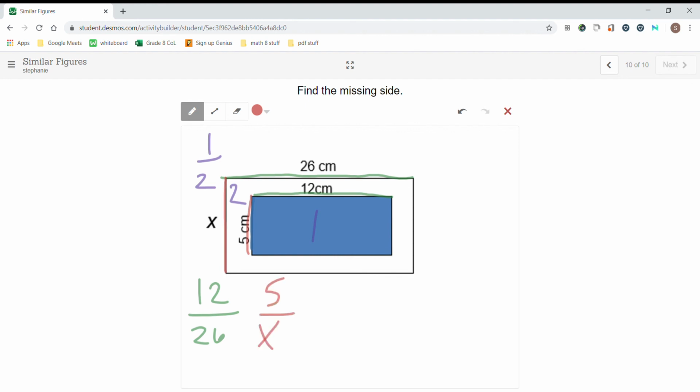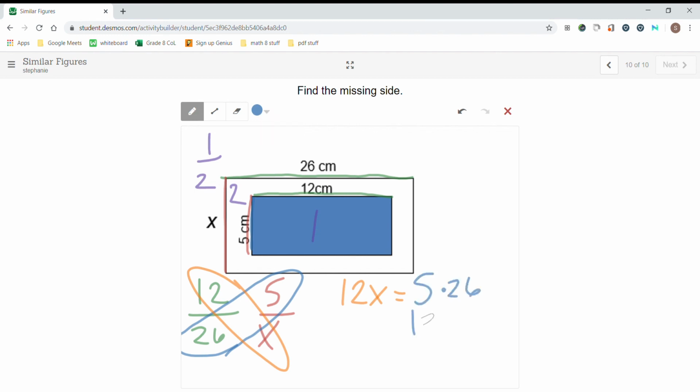So we want to set up our crisscross. So I have 12x equals 5 times 26. And 5 times 26 is 130.